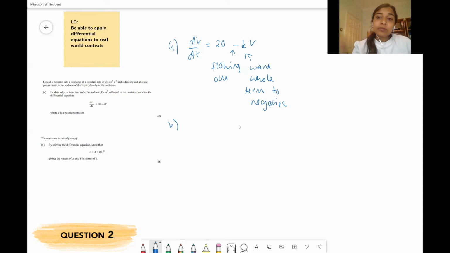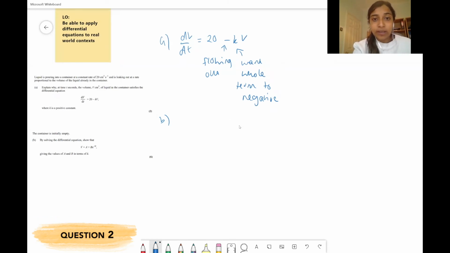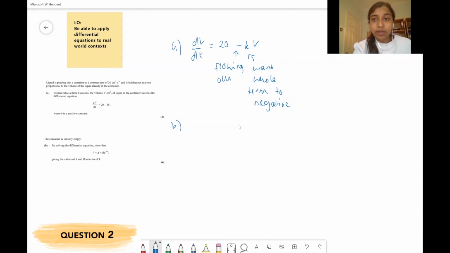So similarly, like before, we don't have any for t, so we can just divide everything by 20 minus kV and multiply both sides by dt. So you'd get 1 over 20 minus kV dV is equal to 1 dt.